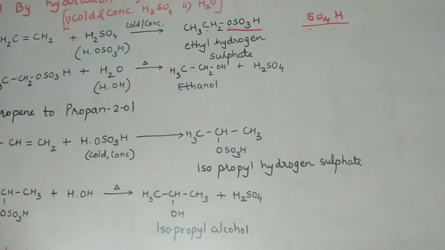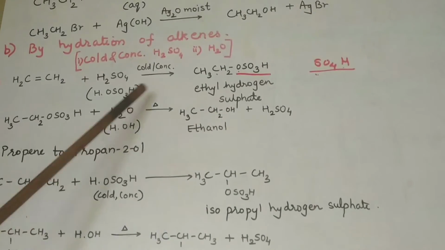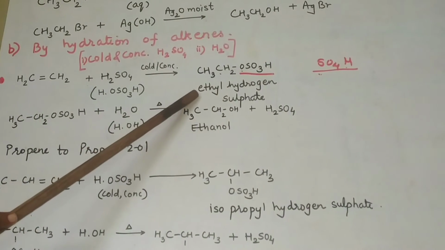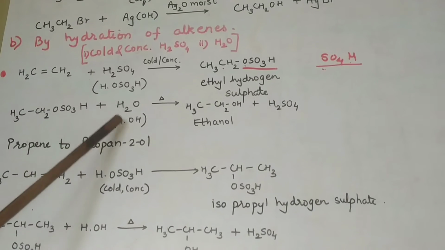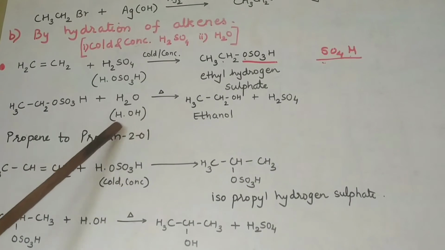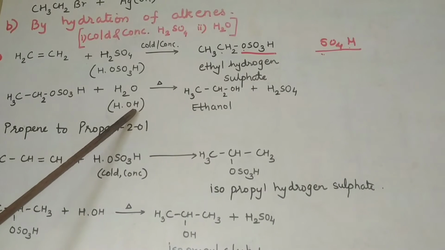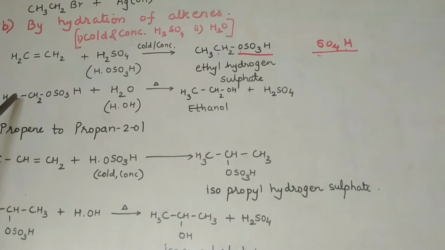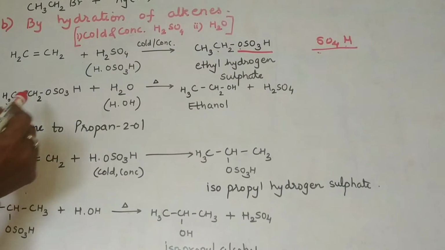What is an intermediate? What is formed in between during the reaction is called an intermediate. This ethyl hydrogen sulfate is now treated with water, or heated with water. Water breaks down into H and OH. So CH3, CH2, the bond breaking takes place at this point.